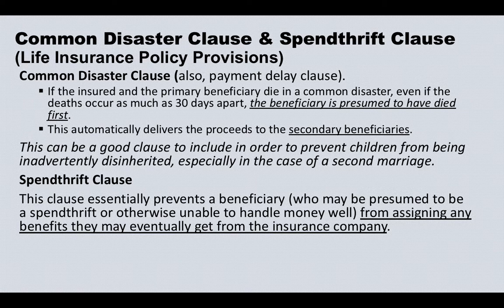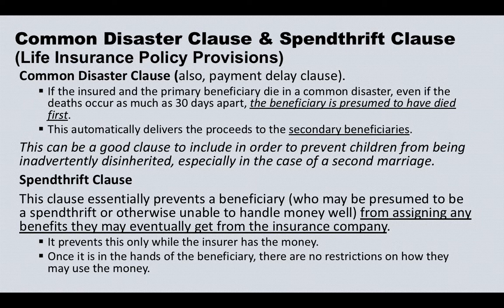The people after them ask for money, so the beneficiary may assign the benefits to the creditors. It prevents this only while the insurer has the money. Once it is in the hands of the beneficiary, there is no restriction on how the money may be used.